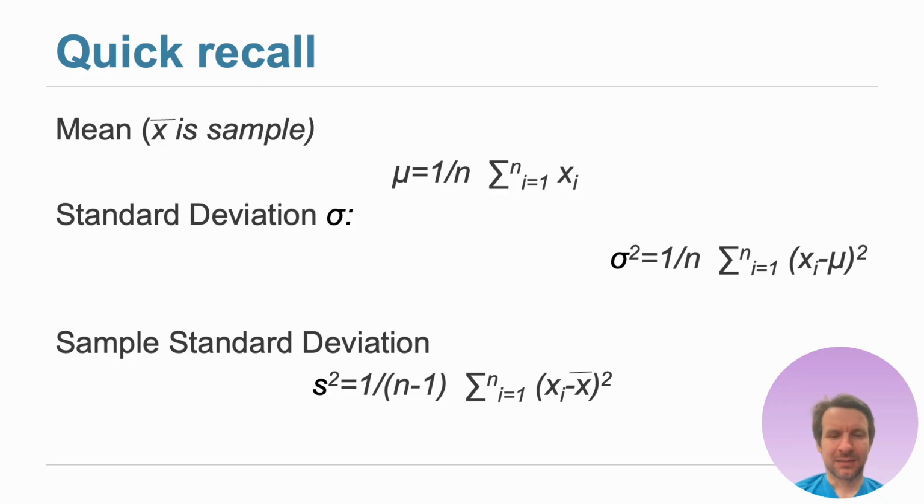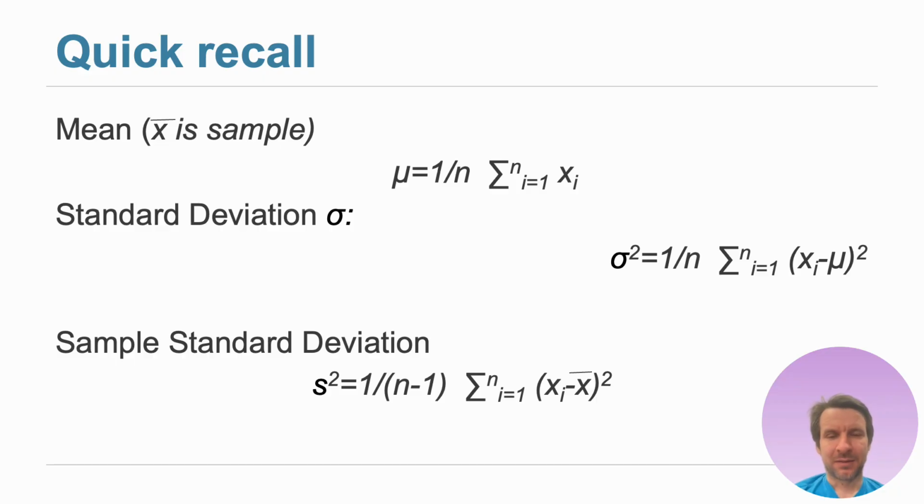Right. But often you cannot really calculate the standard deviation because you don't know the mean. So there is something called sample standard deviation, where you calculate the mean of the sample, denoted by x bar, and then the sample standard deviation is the differences from the sample mean squared, and you don't take quite the average that you would, dividing by 1 over n, you divide by 1 over n minus 1.